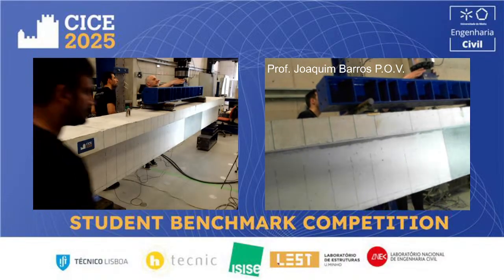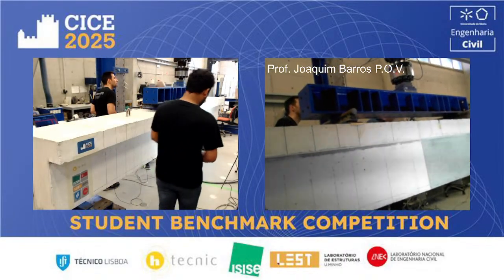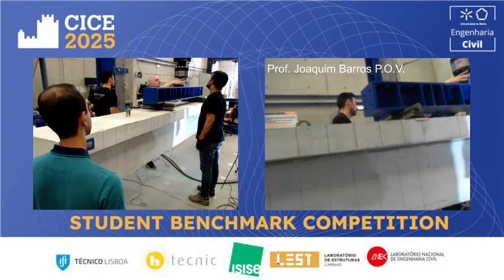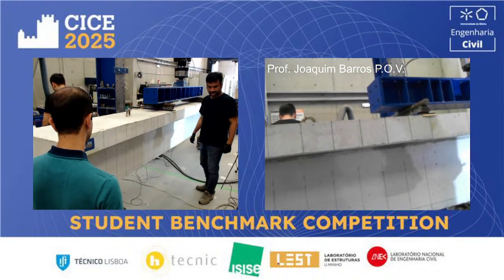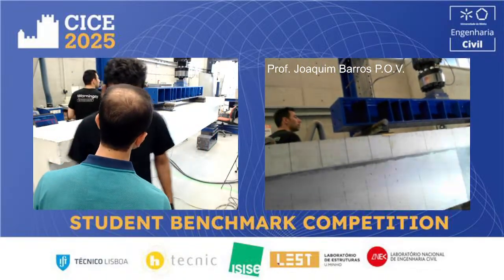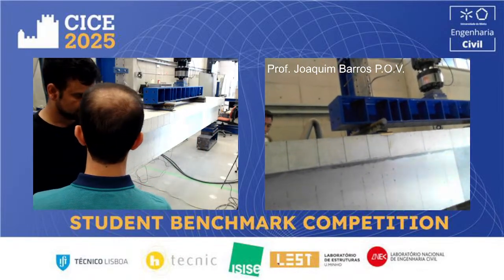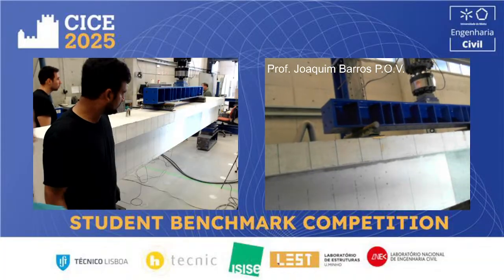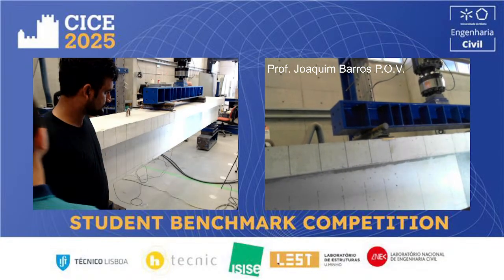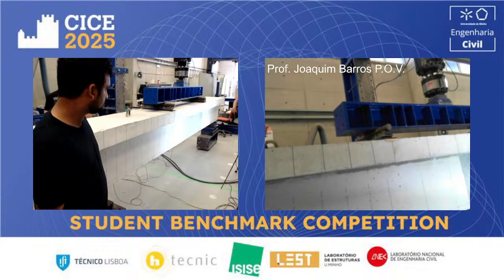Okay, so this second beam is a twin beam, and if I remind you, this beam is flexurally strengthened with 3 NSM laminates, laminates of cross-section 1.4 by 20 millimeters.